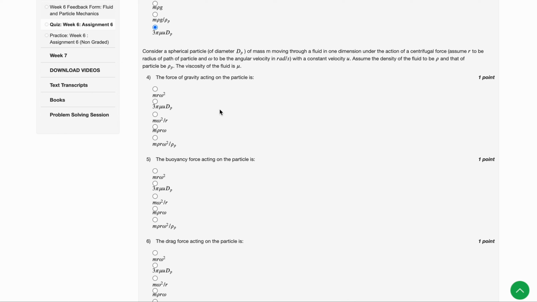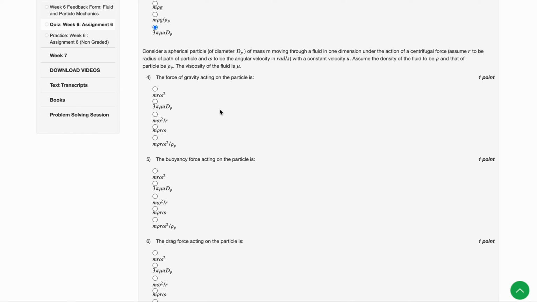It has the diameter dp, radius of the particle ap, mass of the particle m, density of the particle rho p, density of the fluid rho, and the dynamic viscosity of the fluid is the same, and it is moving with a constant velocity. Okay, so it's rotating at a constant angular velocity.